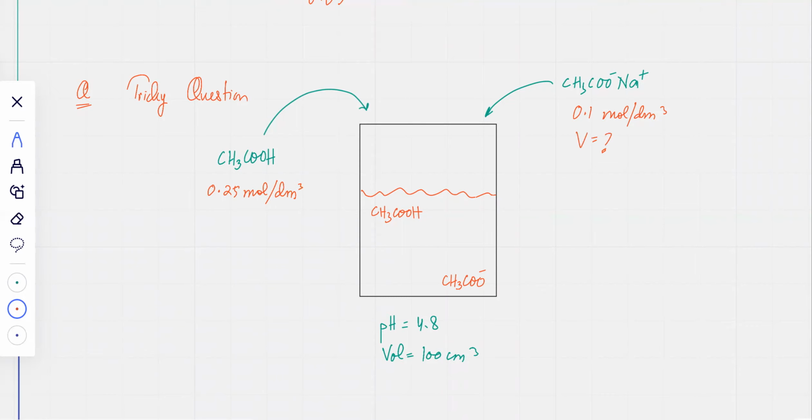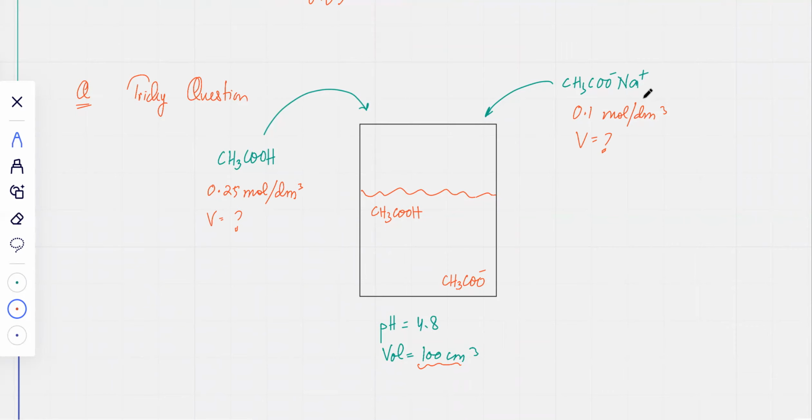What volume of ethanoic acid and what volume of sodium ethanoate is going to be added to the container to make up a solution that is 100 cm cube? Is this point clear? Yes, sir. The only confusion is what volume.